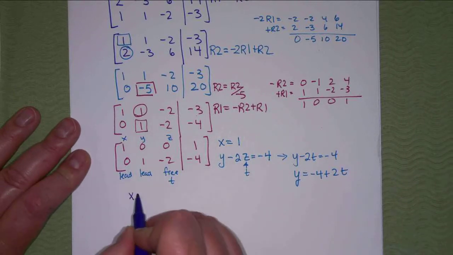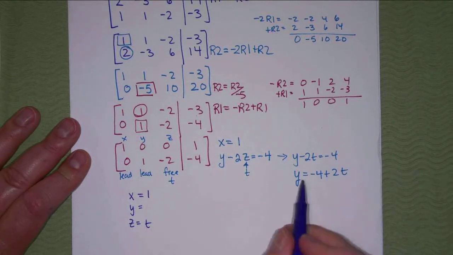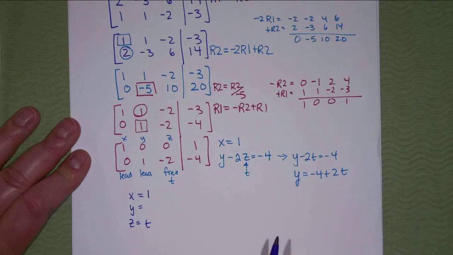So our solution has to say x equals, y equals, z equals. Z was going to be t. X is just 1, and y we rearranged and put the t in. So minus 4 plus 2t.